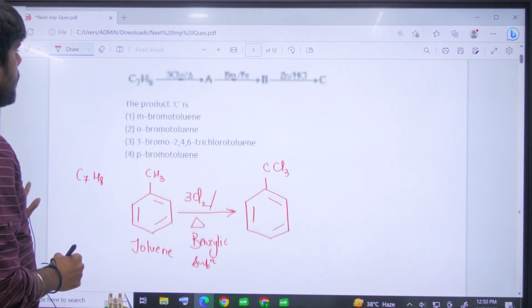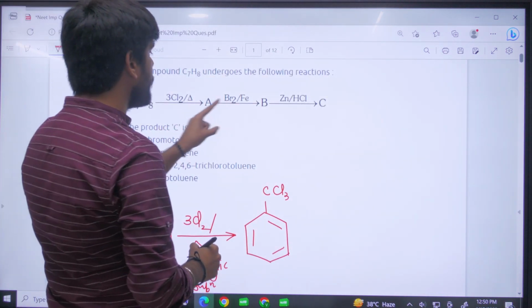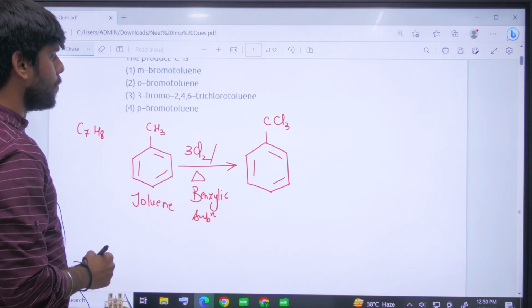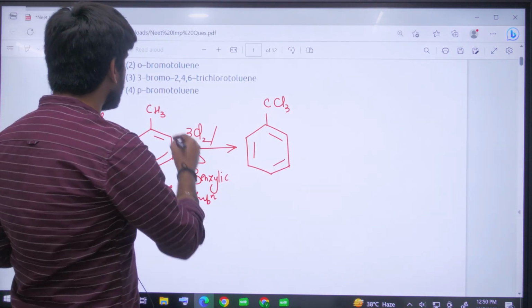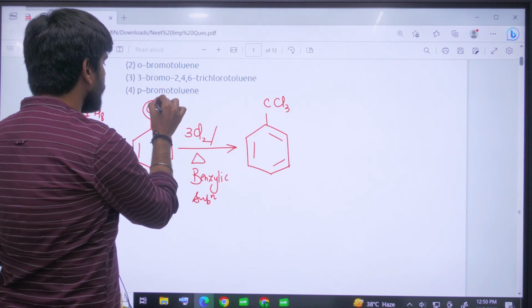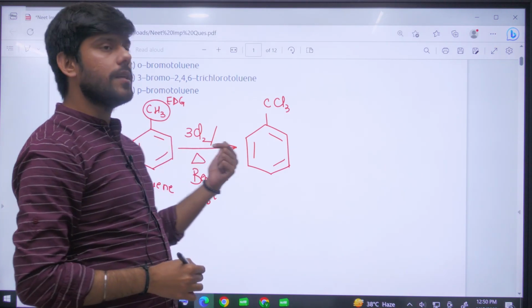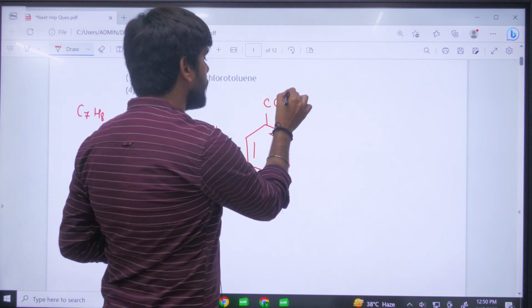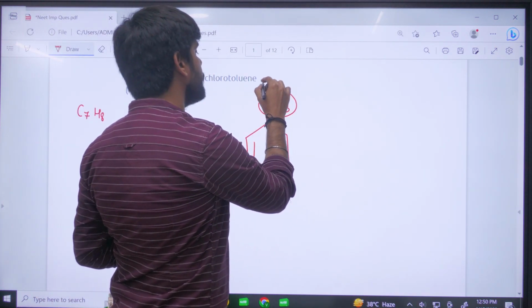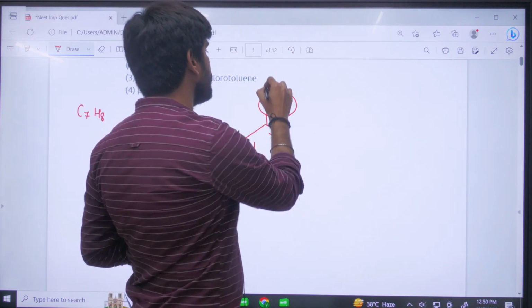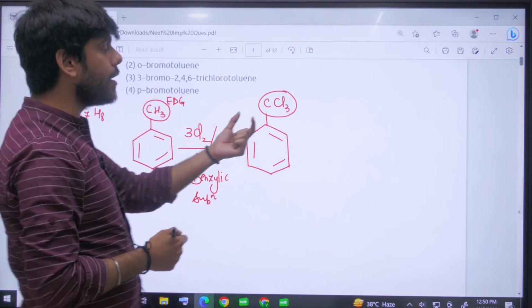CCl3. Now this will undergo electrophilic substitution reaction, that is bromination. Now please note that the CH3 group is your electron donating group, but when the 3 H are substituted by chlorine, this becomes the CCl3 group, and this is your deactivating group, and now this has become electron withdrawing.